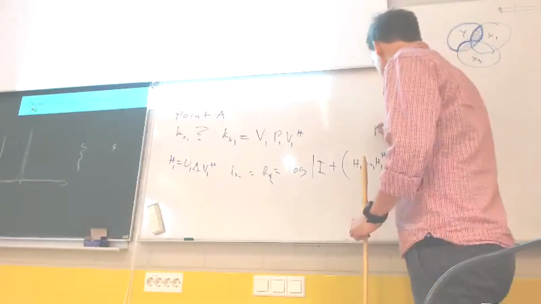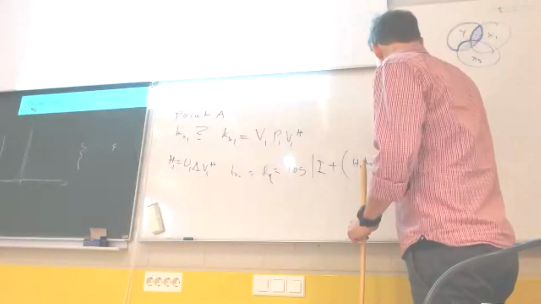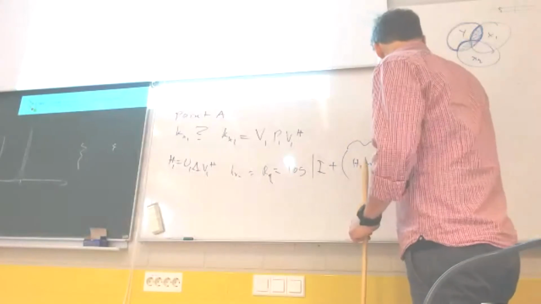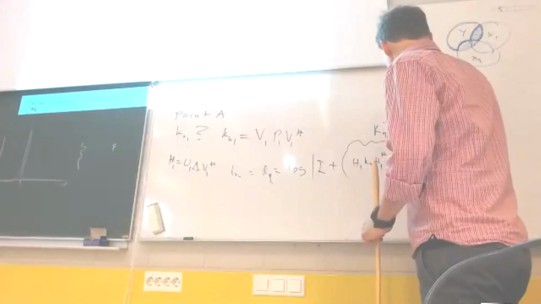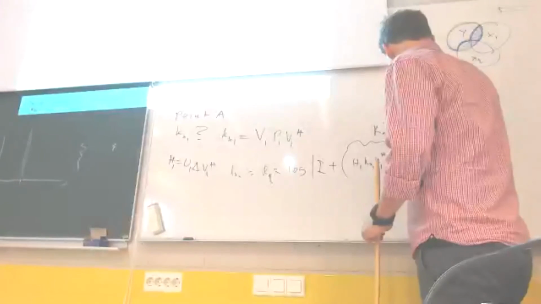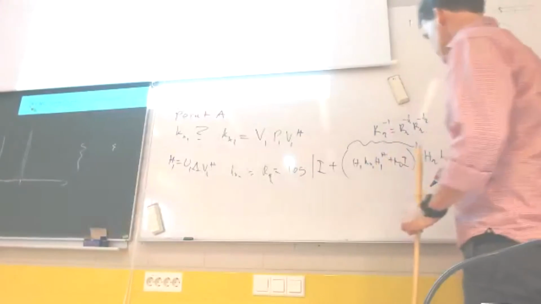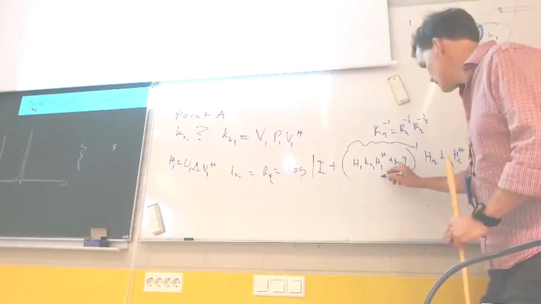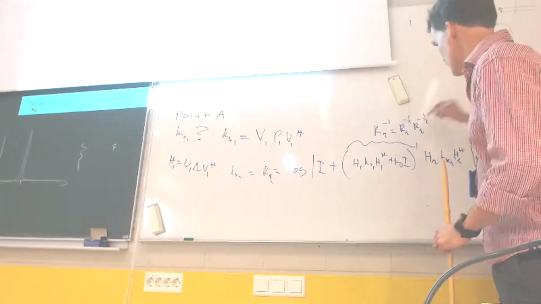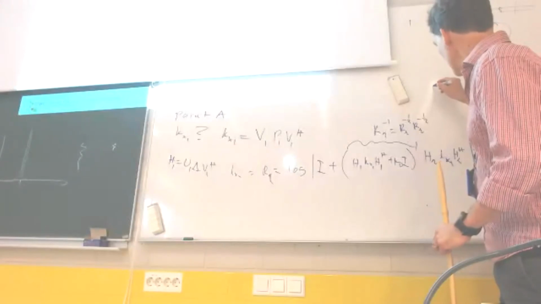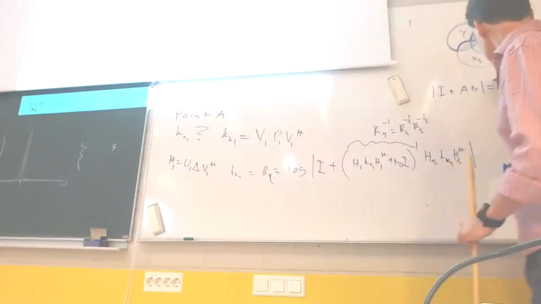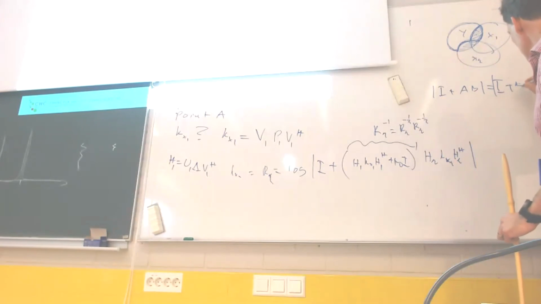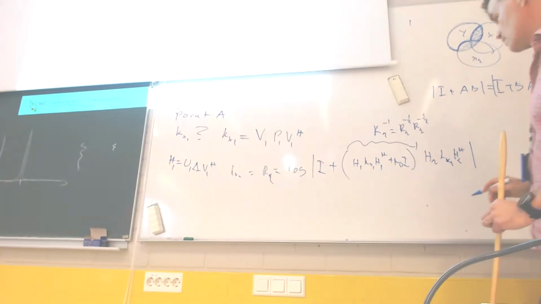Now again, we can declare this to be R2, inverse, same as R2 square root inverse times R2 square root inverse. Right. And then we just use the rule that det of I plus AB equals det of I plus BA.